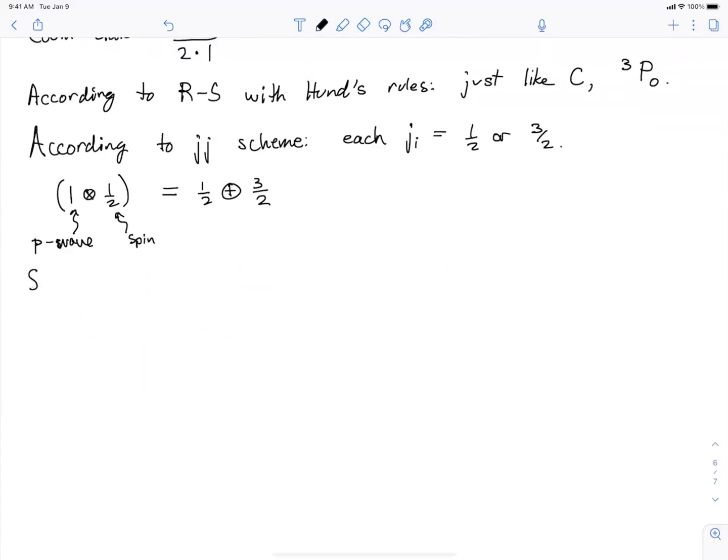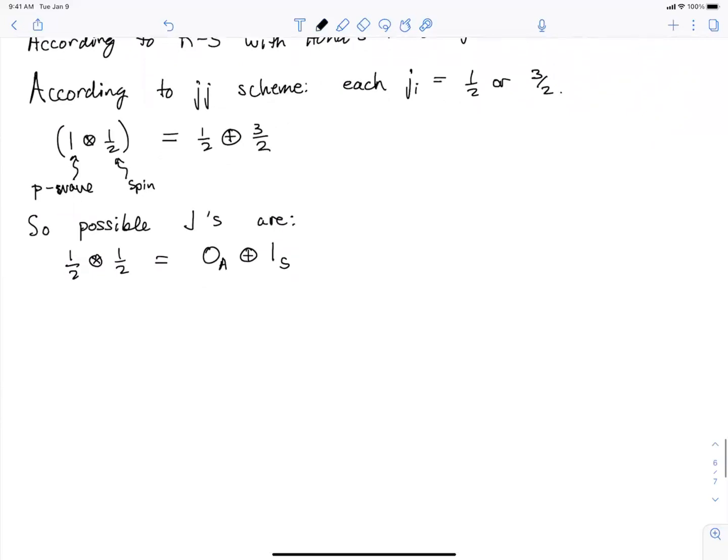And so now we can figure out what the possible capital J's are. So what if we have 1/2 and 1/2? That can be a 0, which is anti-symmetric, and a 1, which is symmetric. The other thing we could do is have a 3/2 and a 3/2, and that could be this.